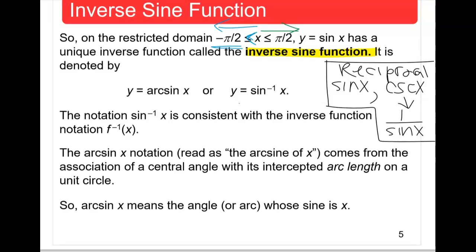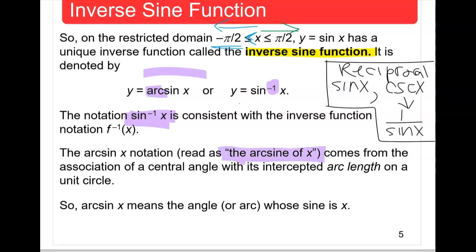Now, for inverse, we have a different notation. It looks like an exponent of -1, but we read it as sine inverse of x. That is exactly how we read it, and that is the notation that we will use. Another notation is arcsine, the arcsine of x.